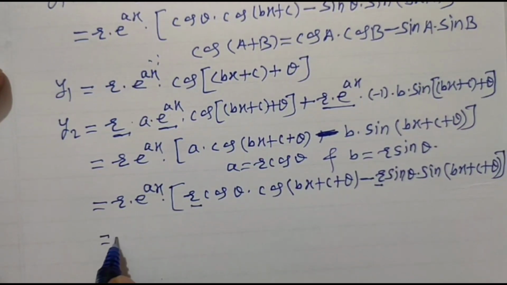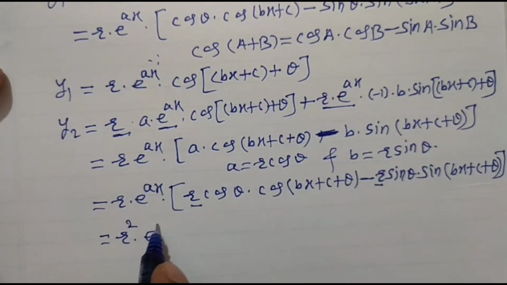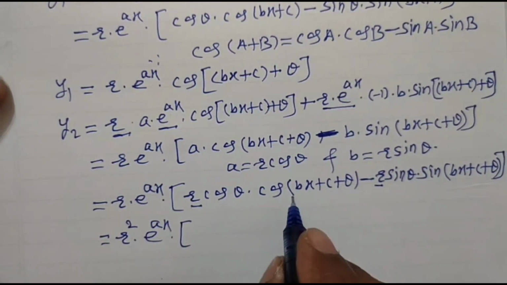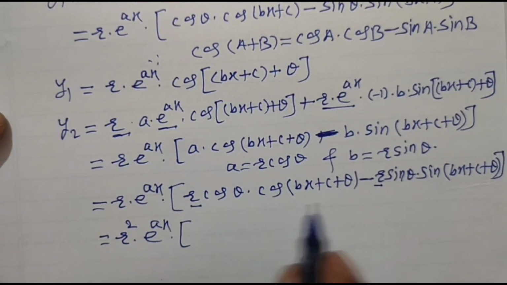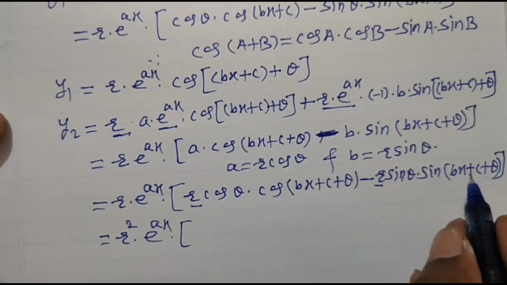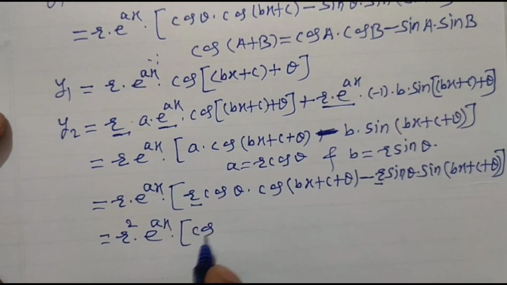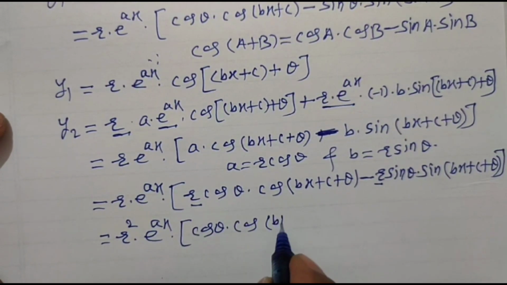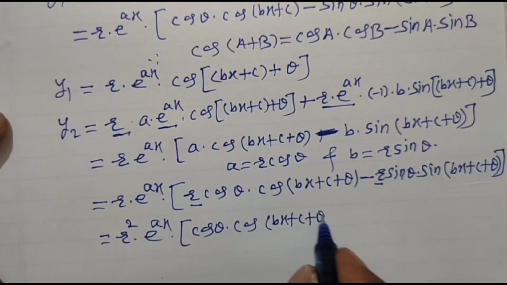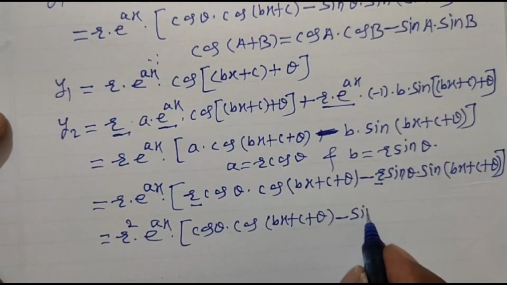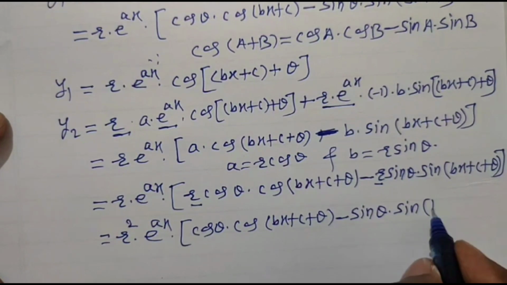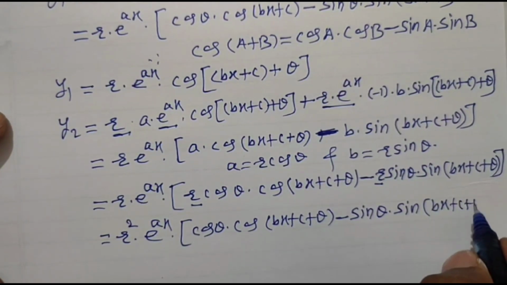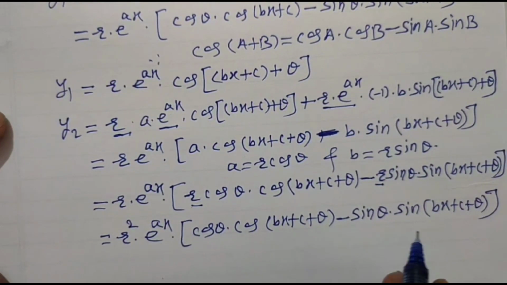Now you can take r common from these two terms. So r into r becomes r square e to the power ax into bracket, cos theta into cos of bx plus c plus theta minus sin theta into sin of bx plus c plus theta, which is of the form cos a cos b minus sin a sin b.